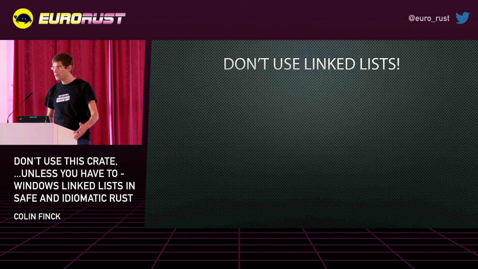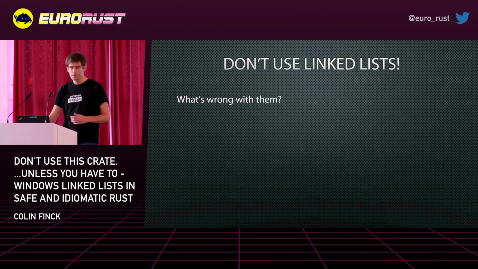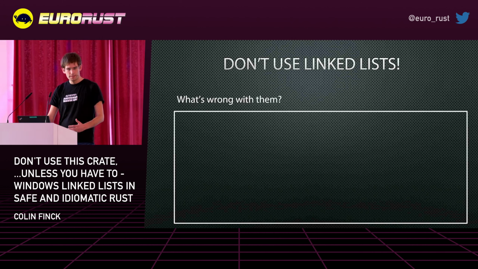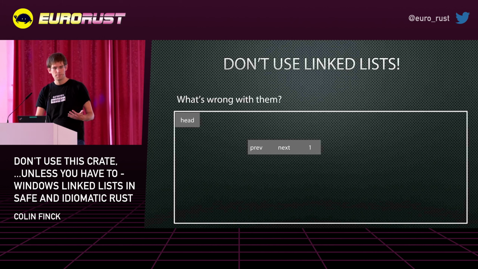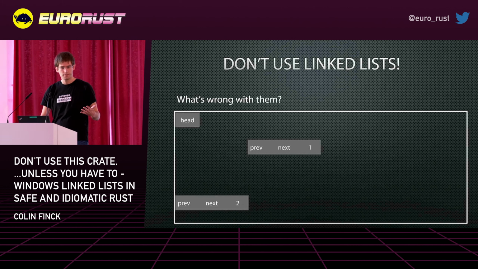So for someone presenting a linked list crate today, I'm making a bold statement: don't use linked lists. But what's actually wrong with them? So let's imagine this rectangle is our RAM. Now we create a linked list via a head pointer, and the first element gets allocated somewhere. The second element, as soon as we allocate it, is at a totally different place in memory.